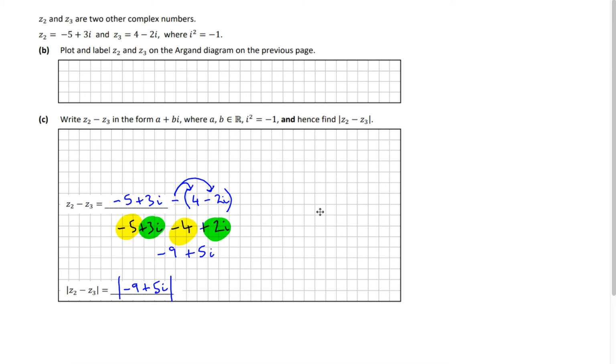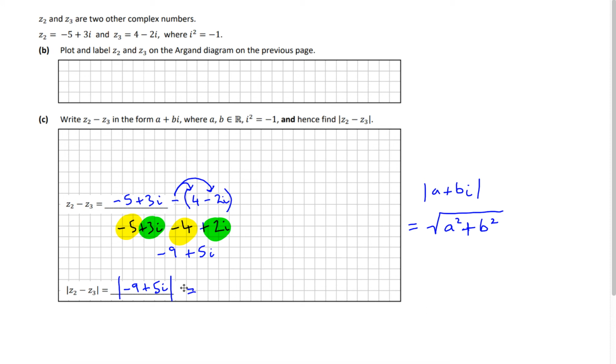Remember the general rule: the modulus of a plus bi is equal to the square root of a squared plus b squared. What this is doing effectively is performing Pythagoras on the triangle that's formed between the plot of the point and the origin.